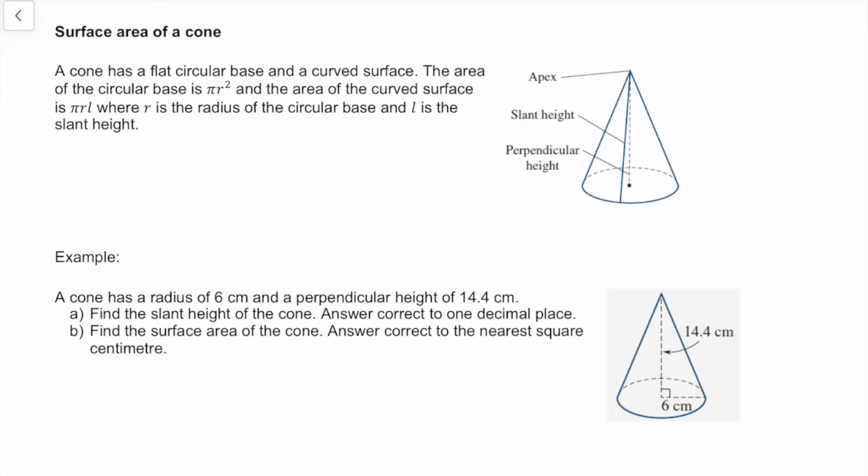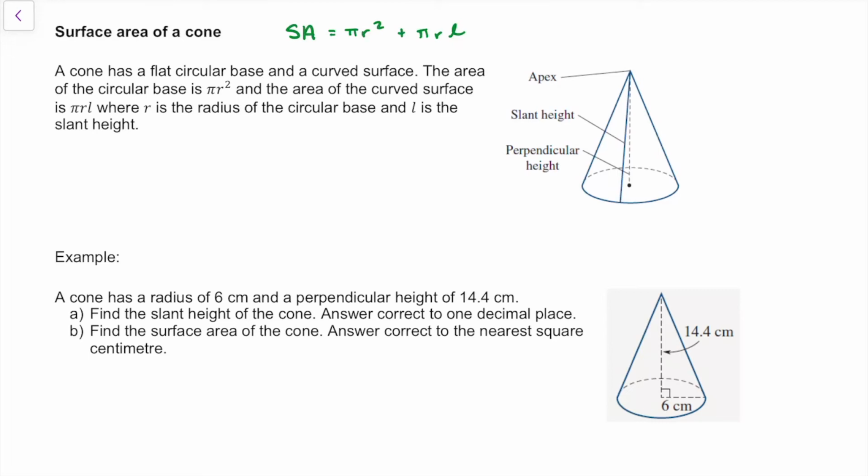So the formula for this one, we'll chuck it up here in green. Alright, so surface area equals pi r squared. So there's our surface area for that circle at the bottom, plus pi rl. So that is the other part of the cone, which is the curved surface.